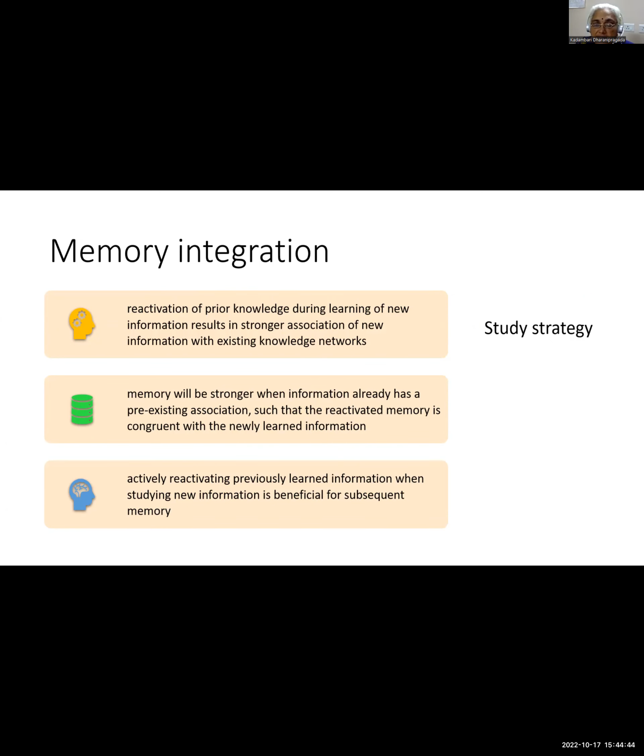The second concept is, if information is given to a student which already has a pre-existing association, then it reactivates memory, and again, it strengthens the memory for that information, right? So this can be taken as a teaching strategy. For example, I'm a clinical teacher, I teach surgery.